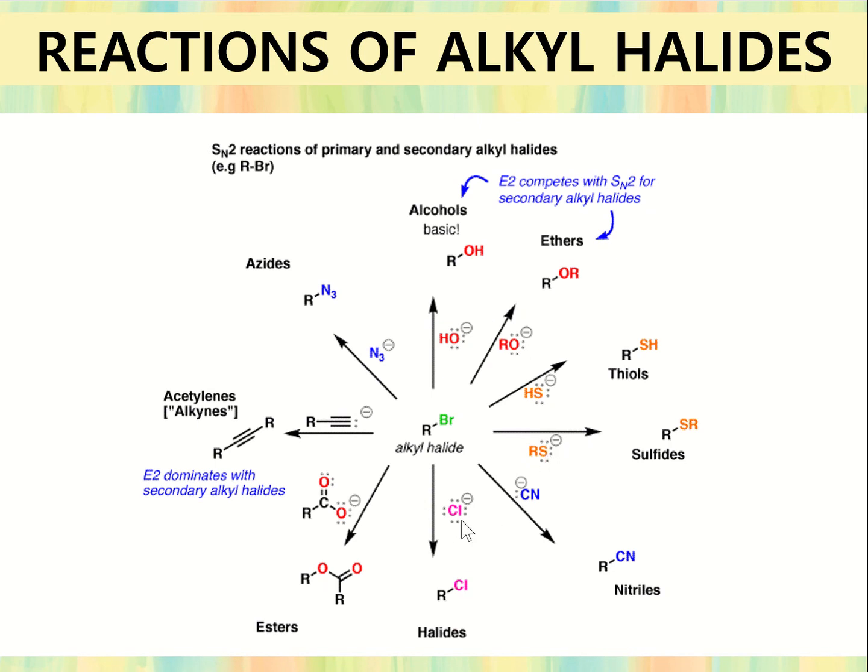If we have an SN2 reaction and it's a primary or secondary halide, then we can react it with a halogen, cyano group, thio, oxides, methoxide, etc., or even hydroxide or a deprotonated alkyne. All of these reactions are possible.